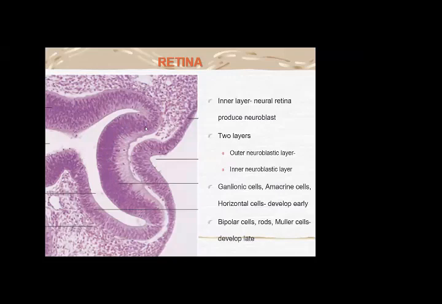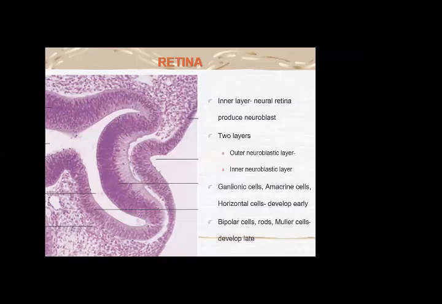The two layers join each other at the margins of the optic cup here, the lips of the optic cup over here. Between the two layers is this space which is called intraretinal space. And this intraretinal space is continuous with the cavity of the forebrain via the optic stalk.